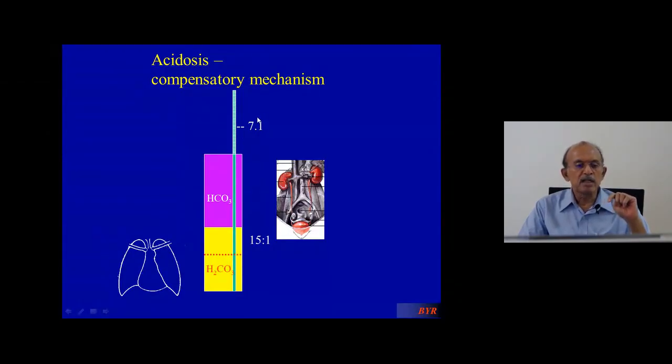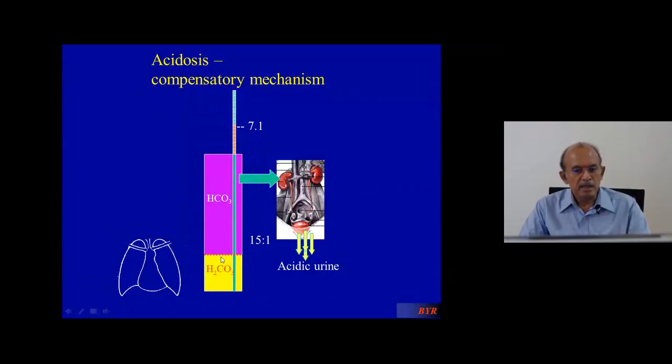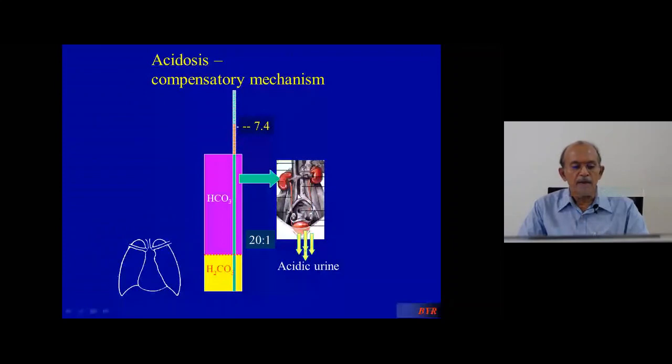Whenever the pH has dropped, carbonic acid is in excess when compared to bicarbonate. Then more H ions will be excreted by the kidneys and the acid levels fall, so it reaches 20 is to 1.